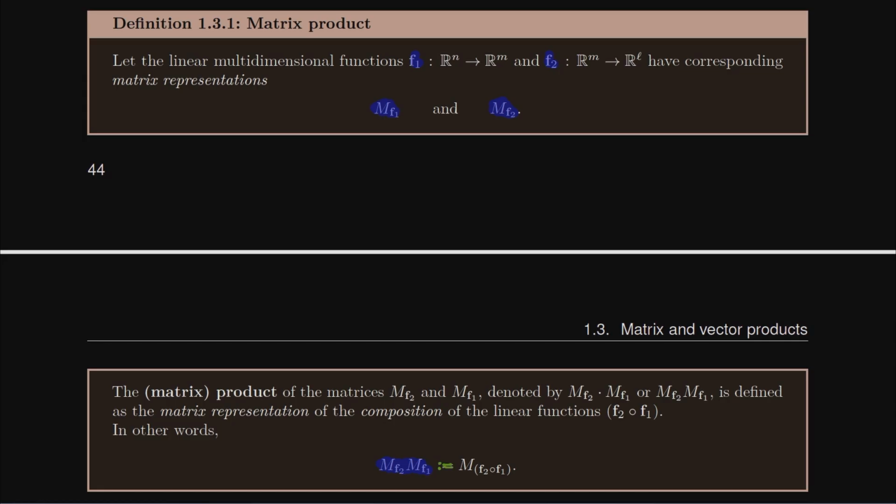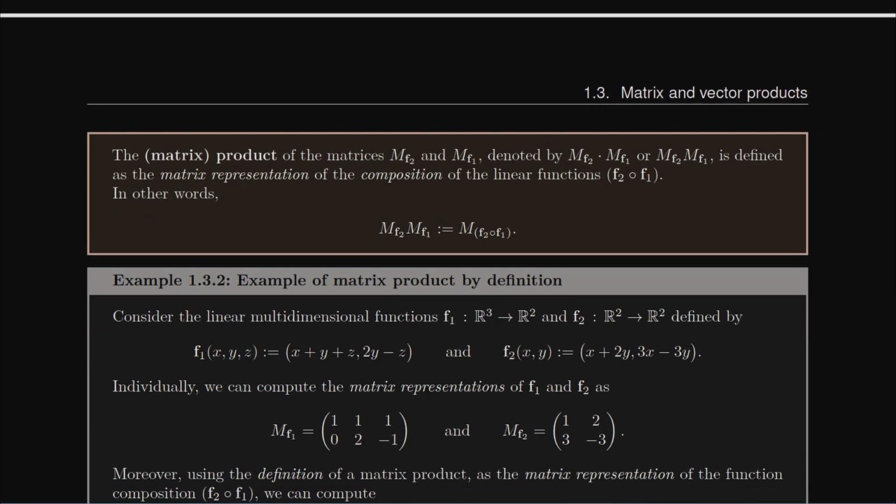We define it to just be the matrix which represents the function which is the composition f2 composed with f1. So we just define a matrix multiplication to be the representation of the composition of the two functions.